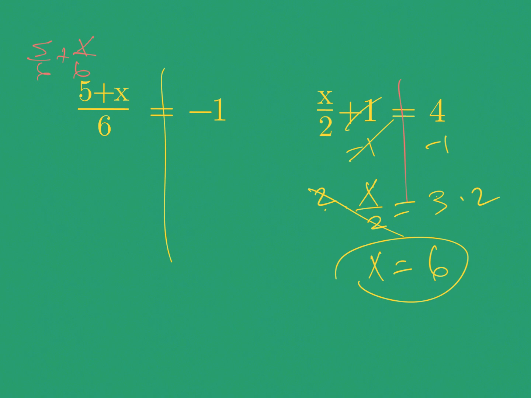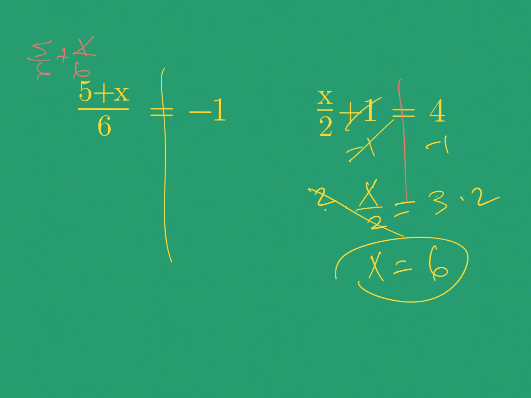Both of those terms on the top are being divided by 6. So you are not allowed to just say, I'll get rid of that 5 up there and just subtract 5. That's not really just a 5.